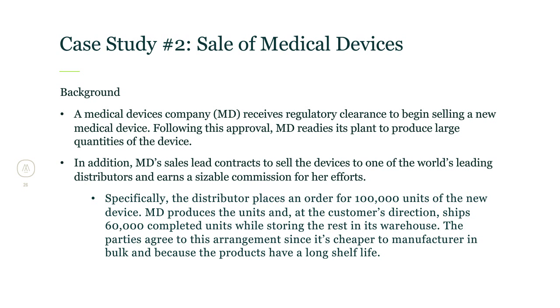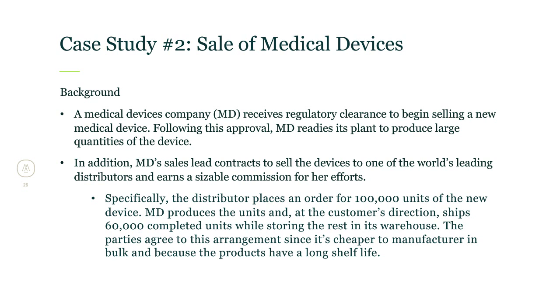Following this approval, the company readies its plant to produce large quantities of the device. Additionally, at the same time, the company's sales lead contracts with the world's leading distributor to sell the devices, and as part of this, earns a sizable commission.